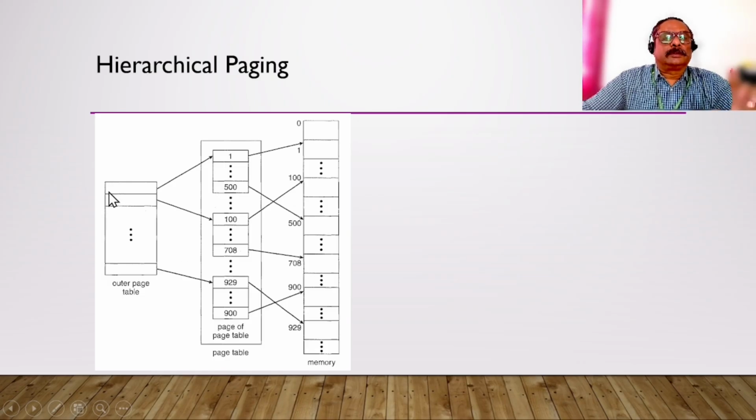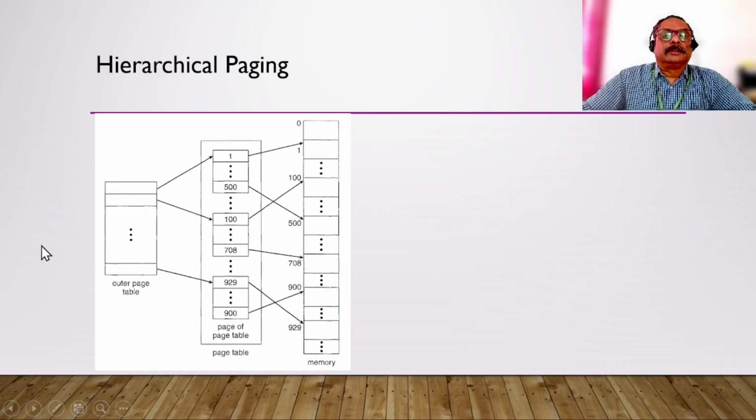So the first level of page table talks about, out of n page tables in the second level, which page table to use, and then the second level page table talks about the mapping to the frames. So the first level doesn't map to the frames, it maps to another page table, and that page table maps to the frames. If this is not sufficient, then we can go for one more layer.